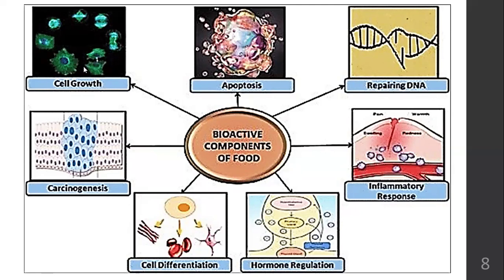It will lead to cell growth. Your nutrients, your vitamins, minerals, antioxidants, they allow your cells to grow in a controlled manner. When cells grow in an uncontrolled manner, what do you get?